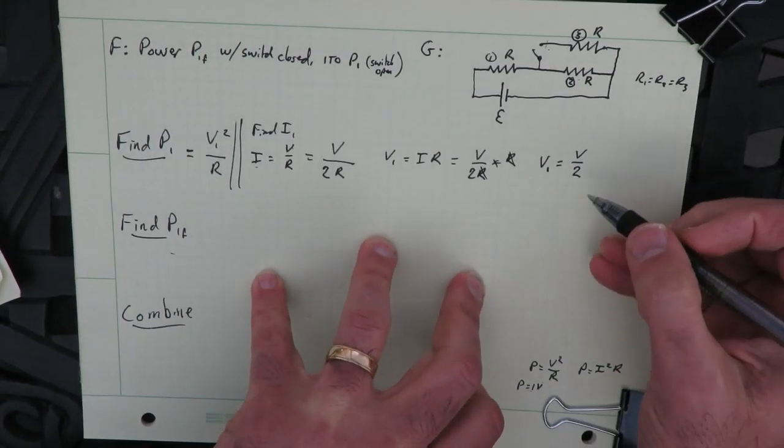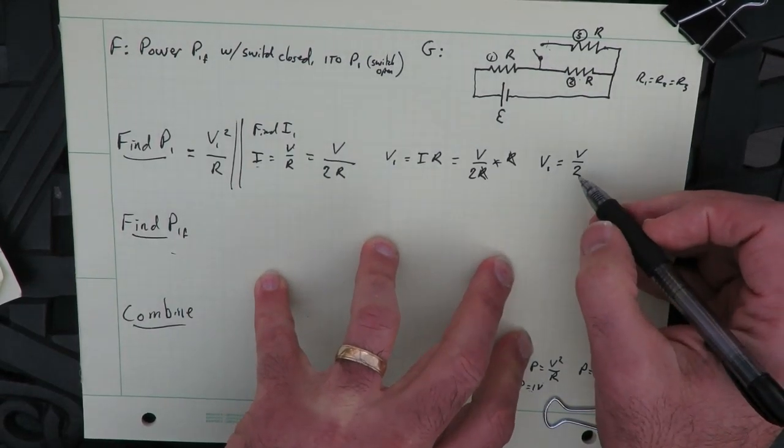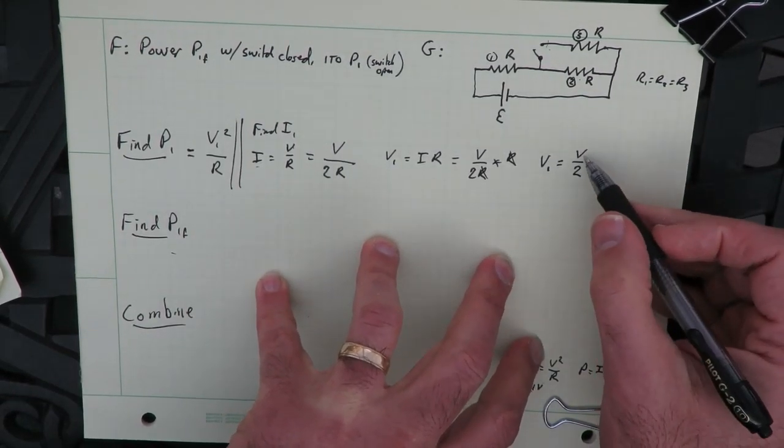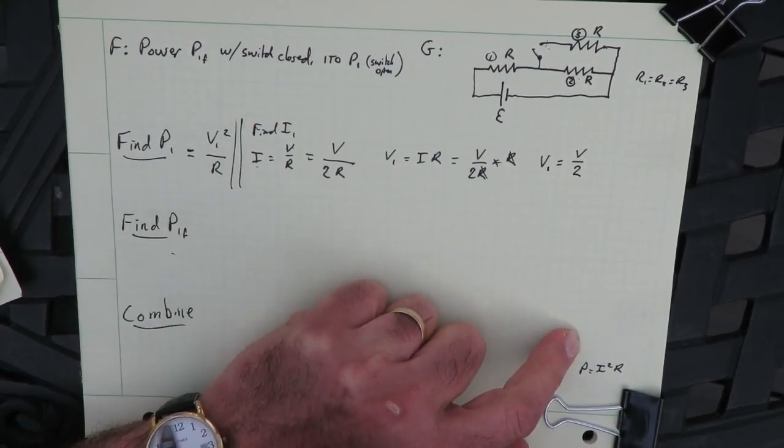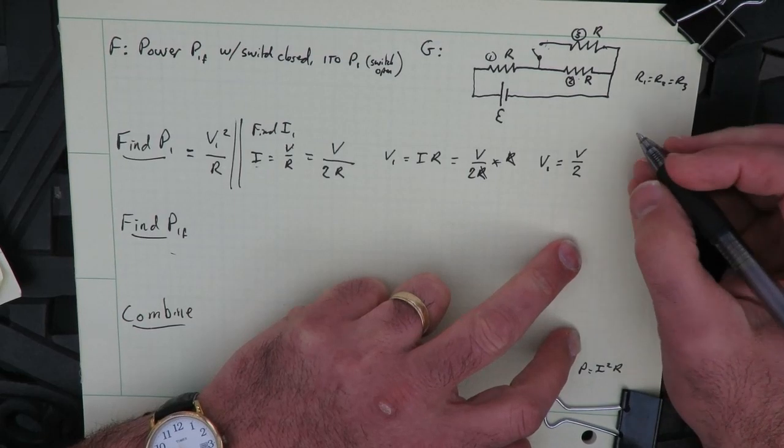Now, how are we going to use this? Because our voltage drop is V over 2. So now we can go back and plug in our terms for the actual power drop.